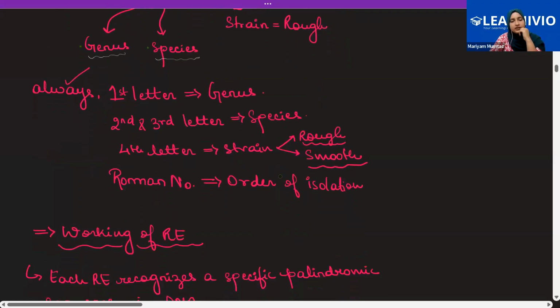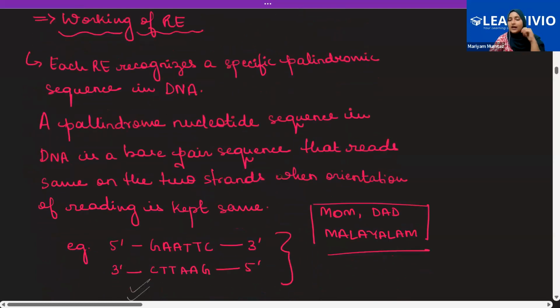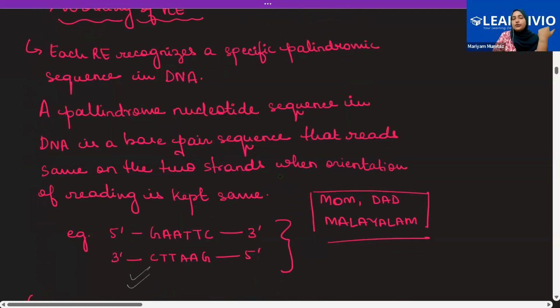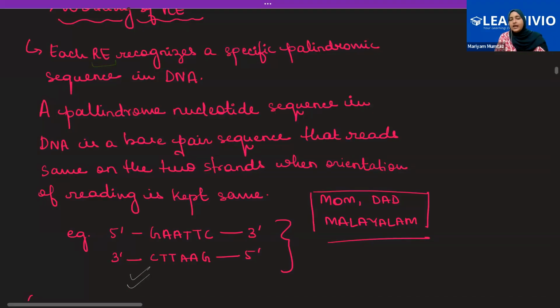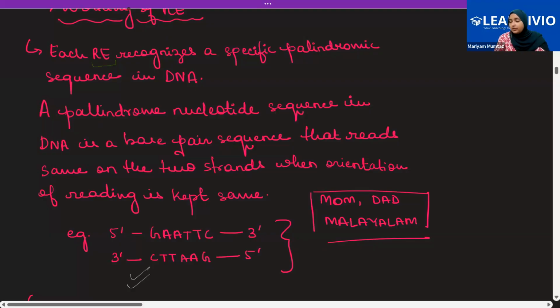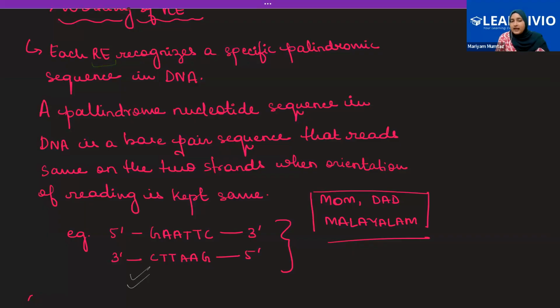Now, moving forward, talking about how these work. The restriction enzyme is going to recognize a specific sequence in the DNA, and then, like I told you, it is going to make the cut. It recognizes a palindromic nucleotide sequence in the DNA. Palindromes are words that read the same backwards, like mom, M-O-M.